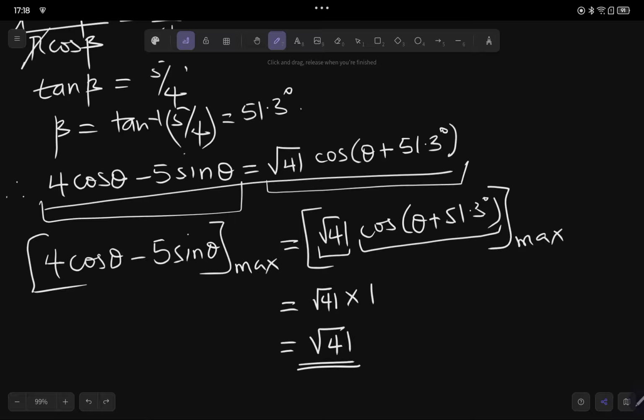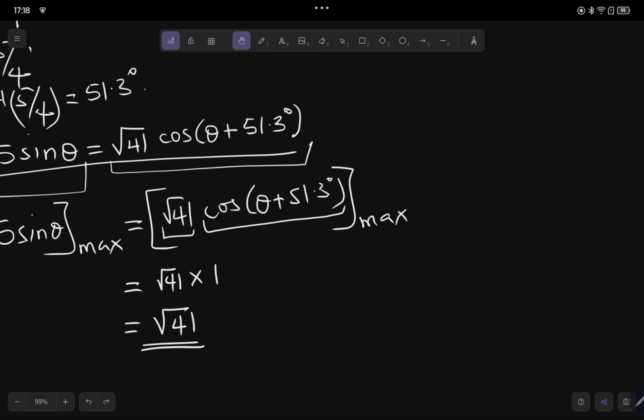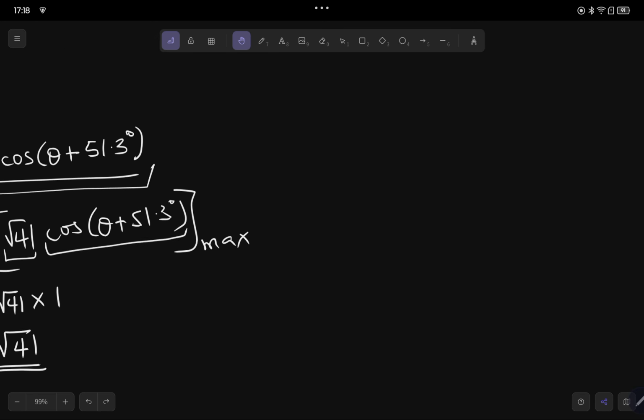The value of theta for which this occurs: we have already seen it, for it to be a maximum, this value of cos should be 1. So we put it to 1.